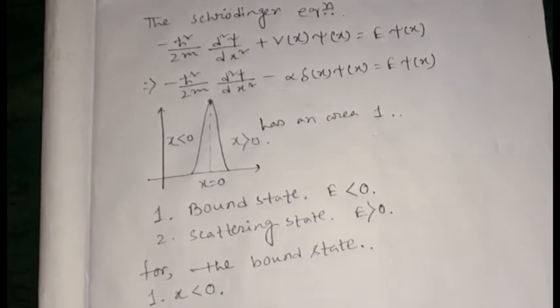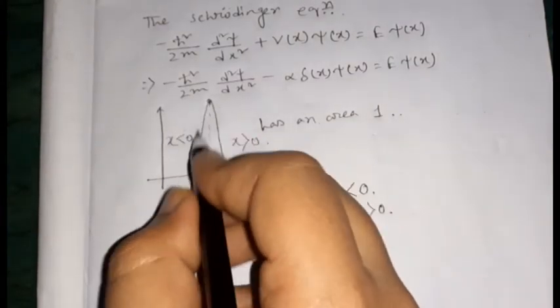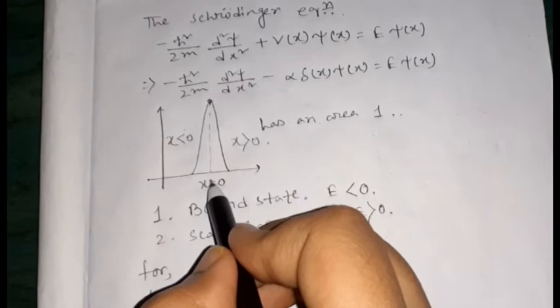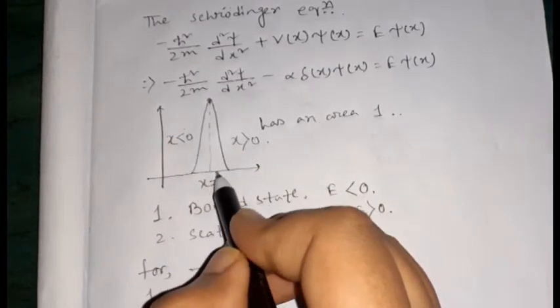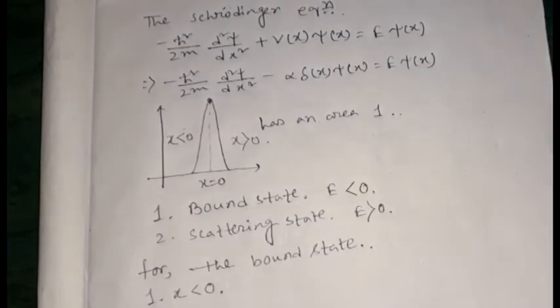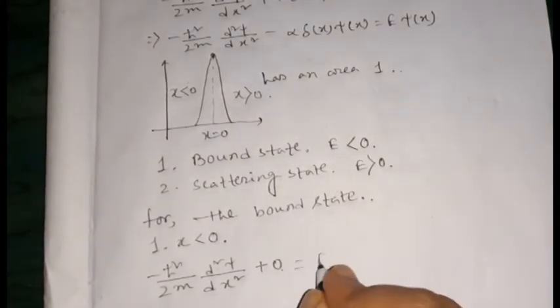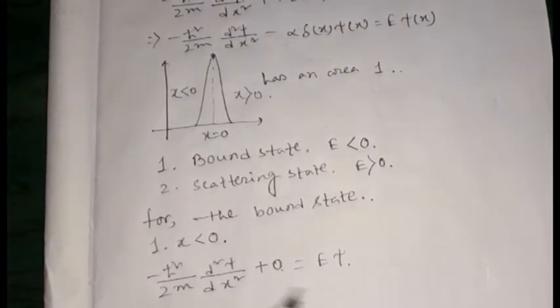So first write this Schrodinger equation plus 0, as the potential is 0 elsewhere, and at x equal to 0 the potential is infinity. So I'm putting 0 here. For x lesser than 0 it is equal to E ψ, which is our energy.